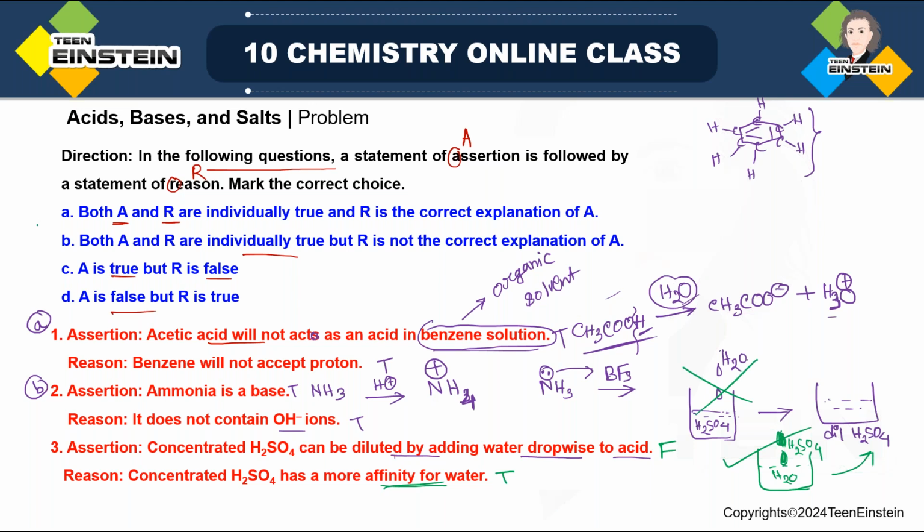In that case, option A will be right. But here the first statement is already false. The second statement is true. So you have to choose option D. So here D will be the correct option.